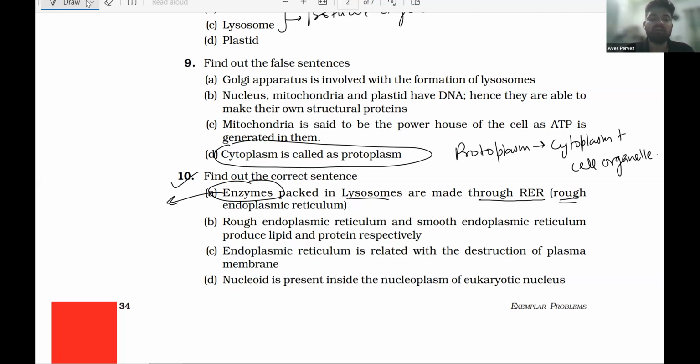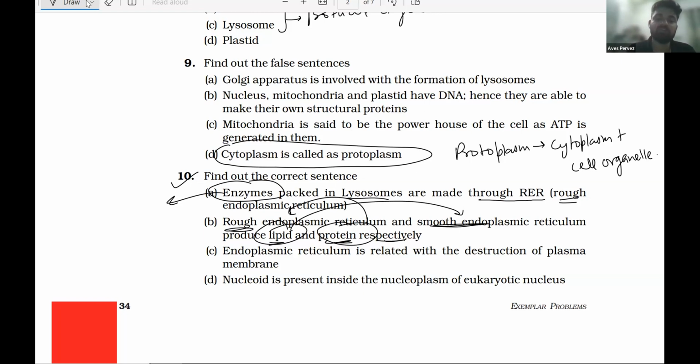Rough endoplasmic reticulum and smooth endoplasmic reticulum, lipids and protein, respectively. No, it is opposite. Smooth endoplasmic reticulum helps in the production of lipids, and protein is synthesized by rough endoplasmic reticulum.